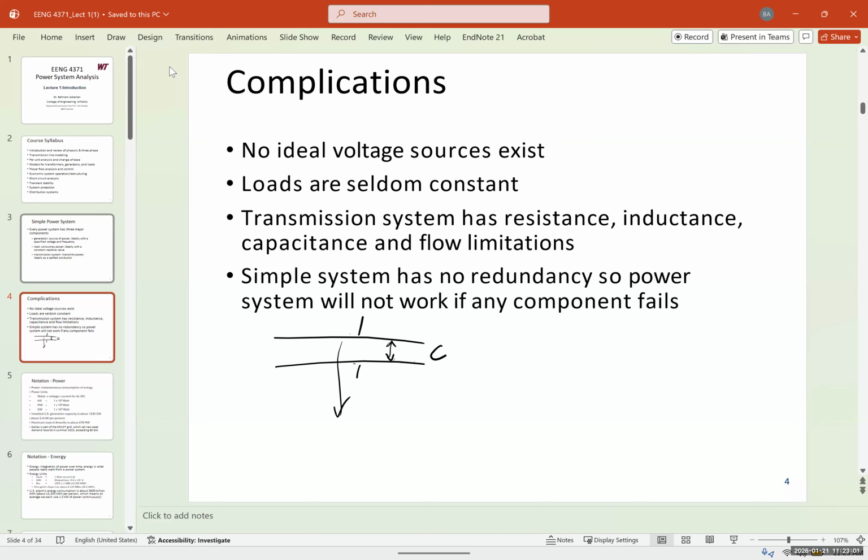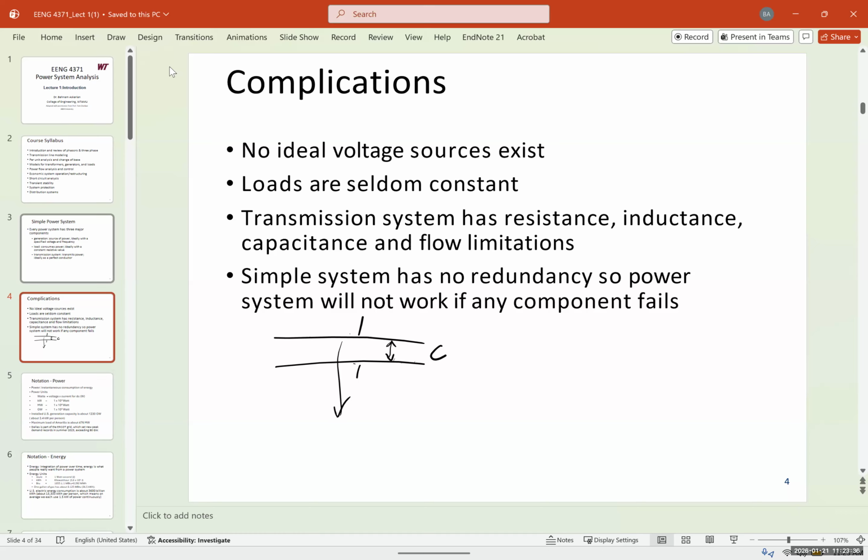Capacitance and inductance don't have any effect on the real power converted and transmitted, but they have an effect on the reactive power, and they cause leading or lagging reactive power. They would actually affect the power factor. And as you know, the power factor has an effect on the total apparent power that we have.